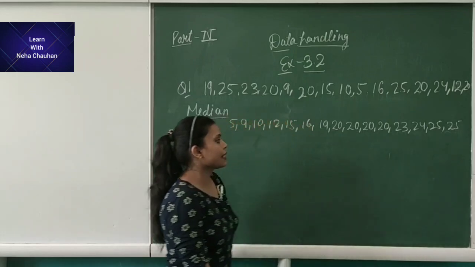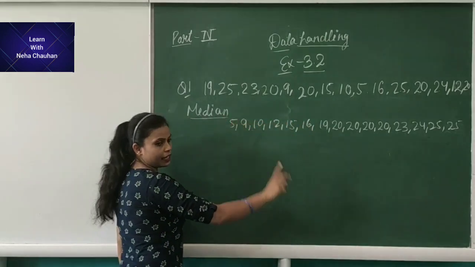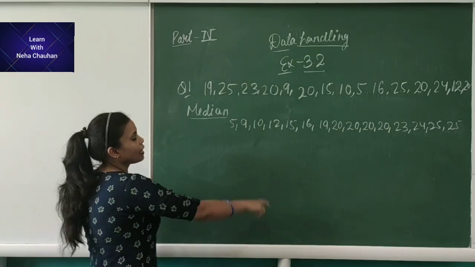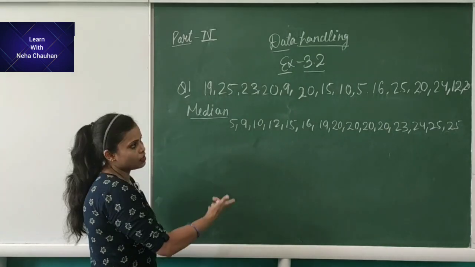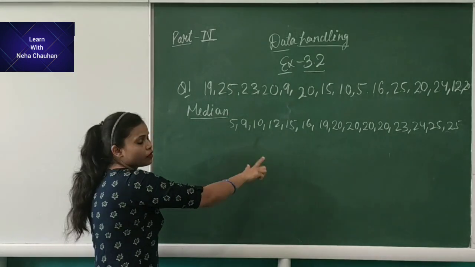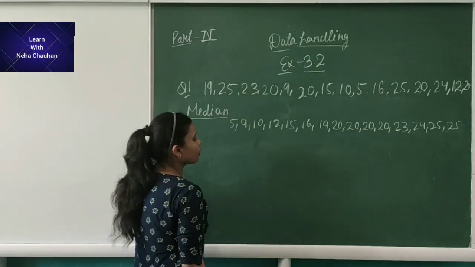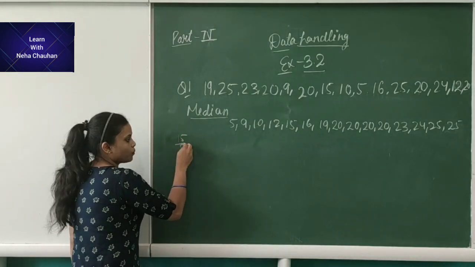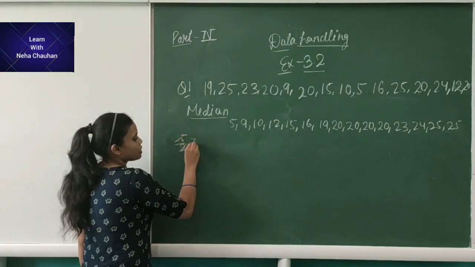So we have arranged this data in ascending order. Now we count the observations: we have 15 observations, so we do 15 divided by 2, that means 7.